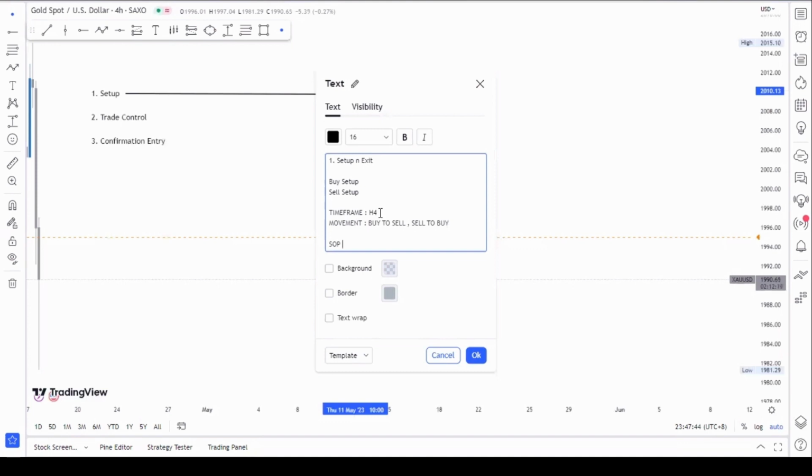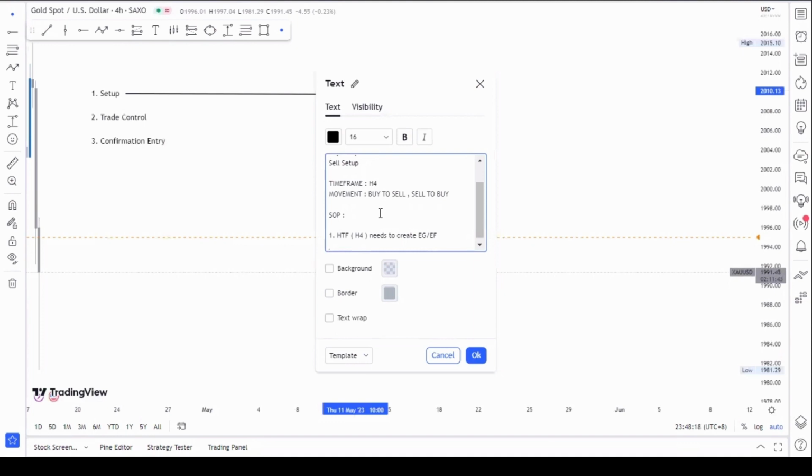After that, we are going to go for the SOP, which is step by step. The first SOP is that the higher time frame, which is H4, needs to create an engulfing or engulfing fail.